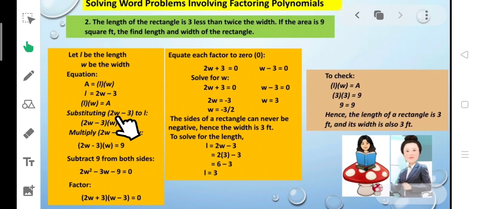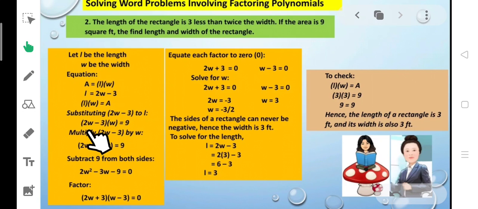So we have 2W minus 3 times W, instead of LW. That is equal to 9 for our A, the area of a rectangle.